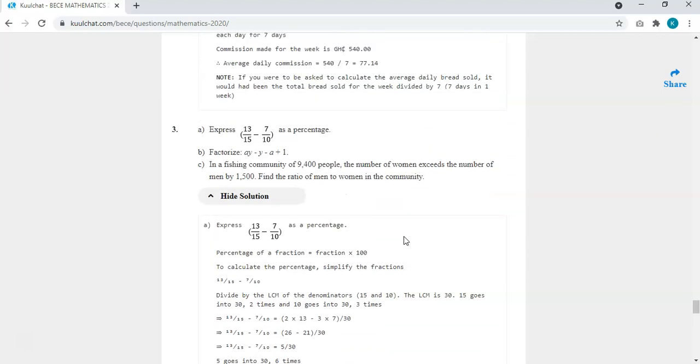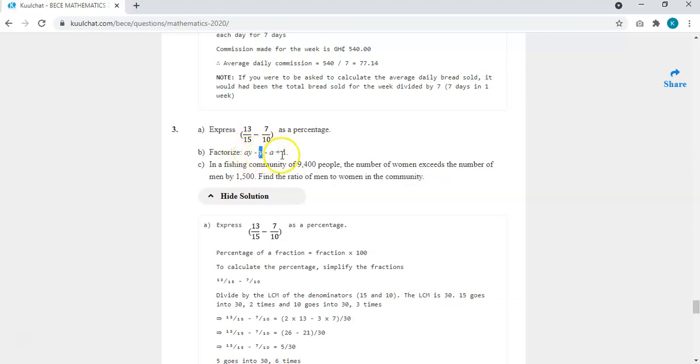So you go to B. B says factorize AY minus Y minus A plus 1. Now already there's Y here, there's Y here. So we can factorize Y out.